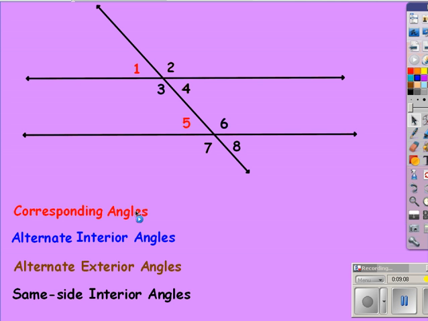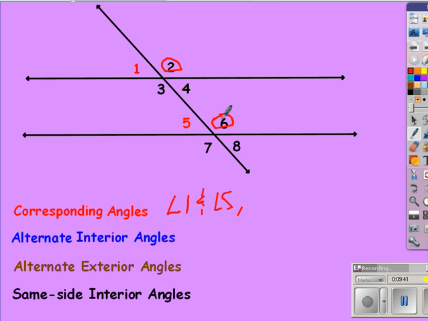Angle 5 is the only other angle with a line below it and a line to the right of it. So angle 1 and angle 5 are corresponding angles. I'll write that down here, angle 1 and angle 5. We could also look at angle 2 and angle 6. Those are corresponding angles. They have a line below, line to the left, line below, line to the left. And so those angles correspond.